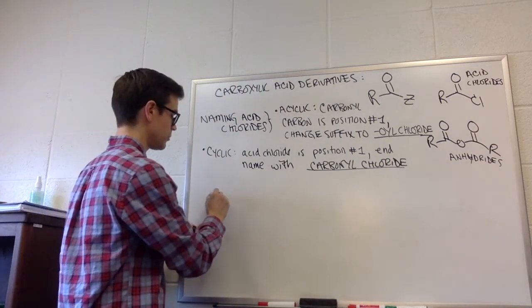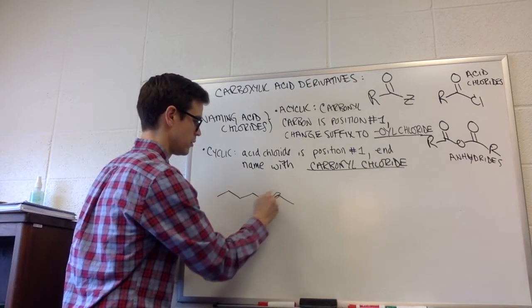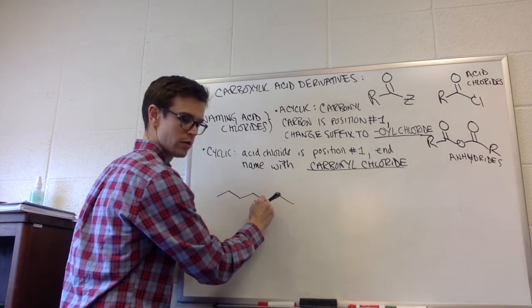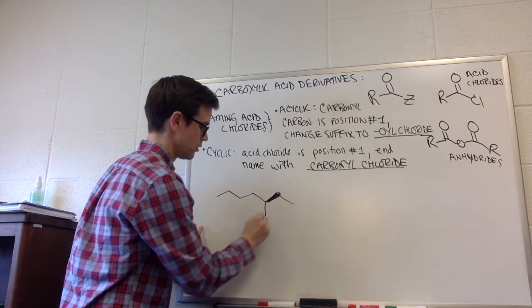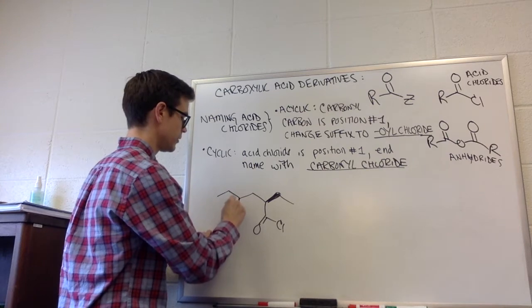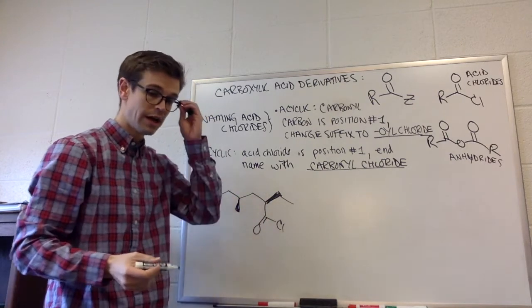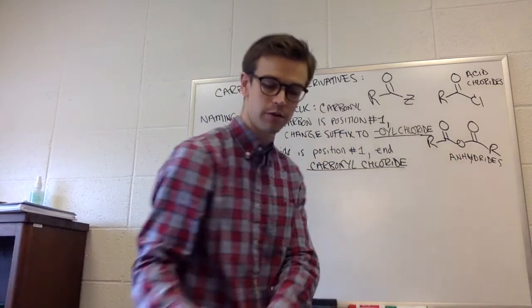So let's do the example from the notes now. This would be a good time to pause the video and try and name this one yourself. And actually, I'm going to draw the other one right now too.